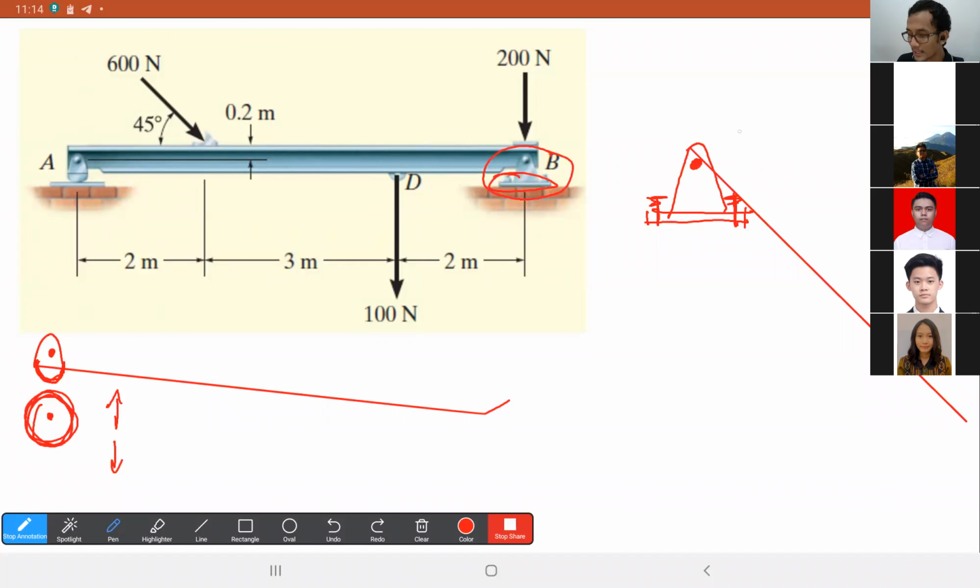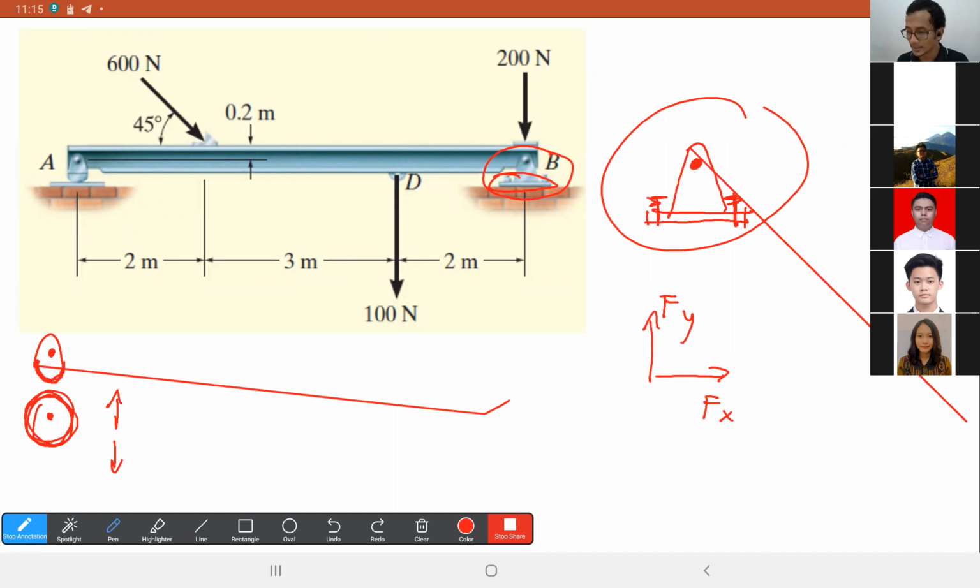For this kind of joint, what kind of force can the joint exert to point B, Matthew? All direction. Okay, all direction. So it can go in all directions, but it will be difficult for us to draw all directional force. So actually, I can just represent it with two forces, x and y.